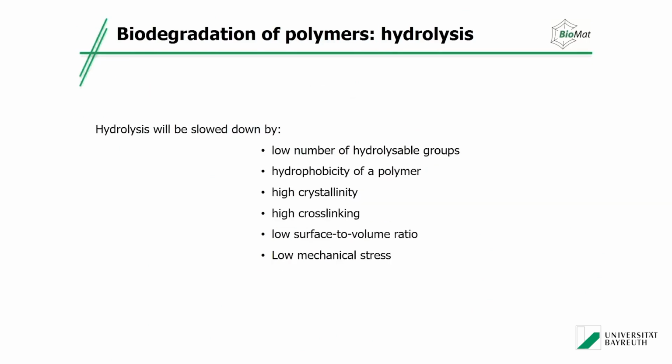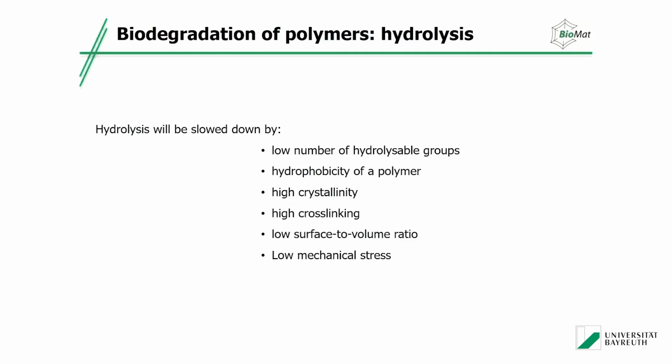If you have access to the groups that can be hydrolyzed, this makes a lot of sense. Low crosslinking, we talk about the chemical crosslinking now. A high surface to volume ratio, or if you have mechanical stress. Yeah? So if you take a polymer and you put it under mechanical stress, it will hydrolyze much faster than if it's not stressed. So again, it depends on where inside your body you make use of the polymer.